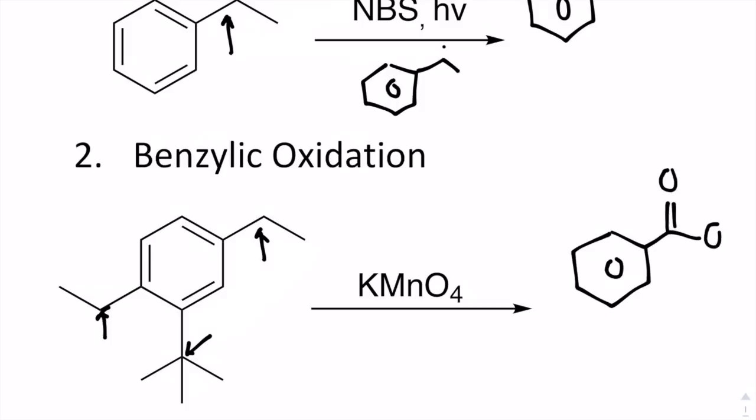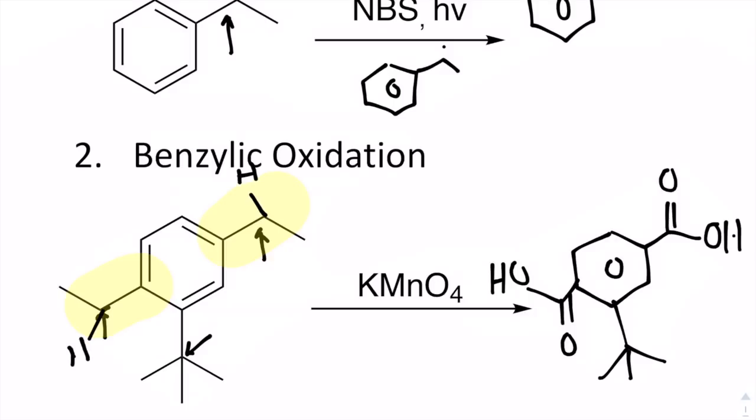So we get a carboxylic acid here, we get a carboxylic acid here, but we do not get a carboxylic acid here. All right? So the reason why we get carboxylic acids over here and over here is because there is at least one proton that we're able to extract. So remember, oxidation is the loss of electrons.